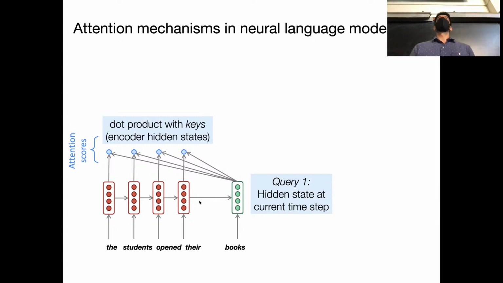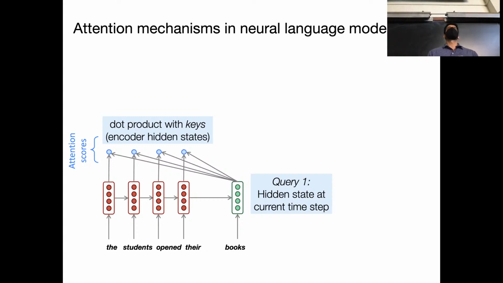And we're just going to use a very simple scoring function, which is the dot product between this query vector and this key vector. So I'm going to take this dot product between this green vector and each of the four red key vectors. So I'll get four scores, four numbers. These are the dot products.